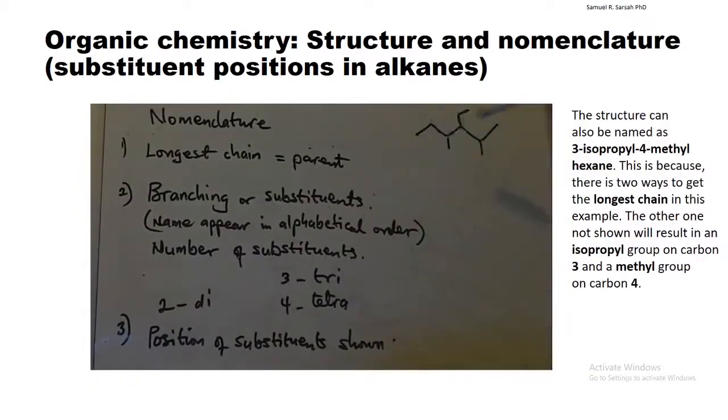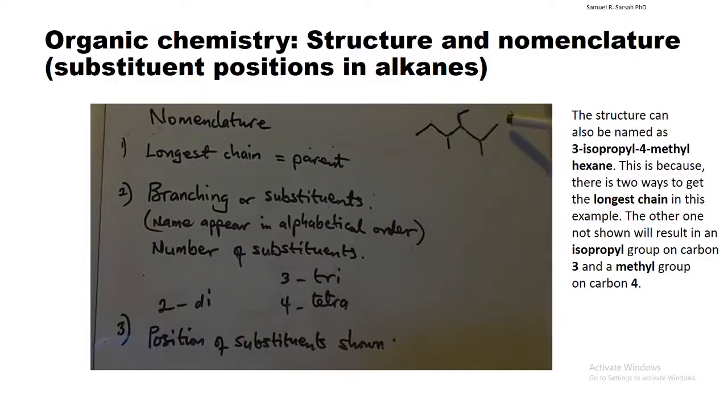Here we have a different structure now. The longest chain is still hexane, 1, 2, 3, 4, 5, 6. However, we have 3 substituents now: methyl groups and an ethyl group.